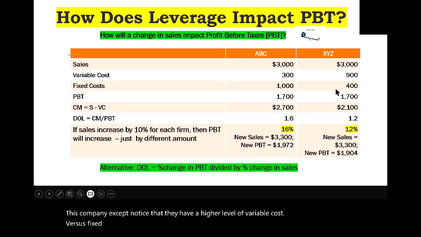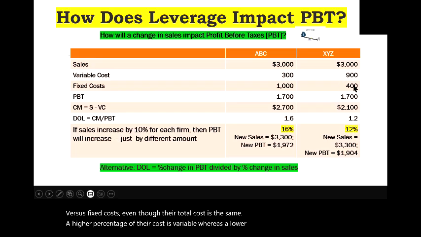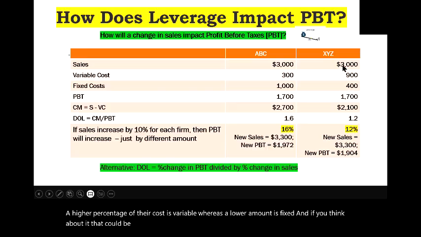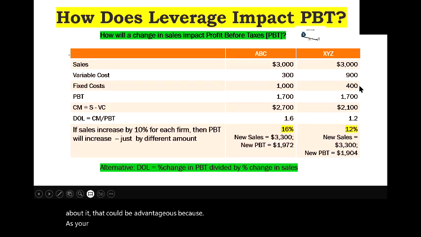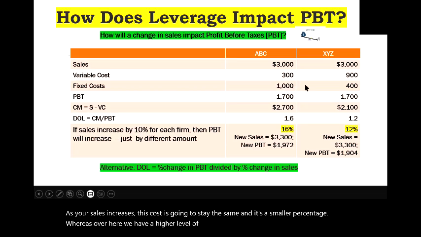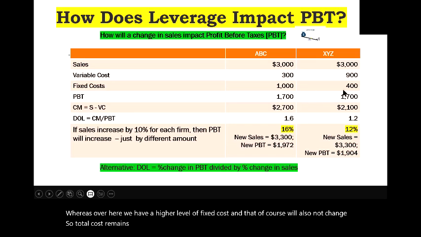Even though their total cost is the same, a higher percentage of their cost is variable, whereas a lower amount is fixed. And if you think about it, that could be advantageous because as your sales increases, this cost is going to stay the same and it's a smaller percentage. Whereas over here, we have a higher level of fixed cost, and that of course will also not change. So total cost remains the same for both.